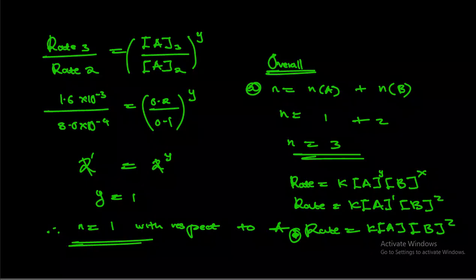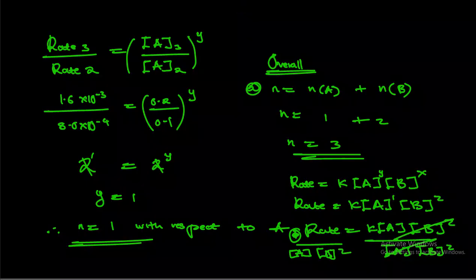So what you're going to do, you just make k the subject of the formula. That means we're going to divide by A, then B to the power 2 everywhere, so that this may cancel.